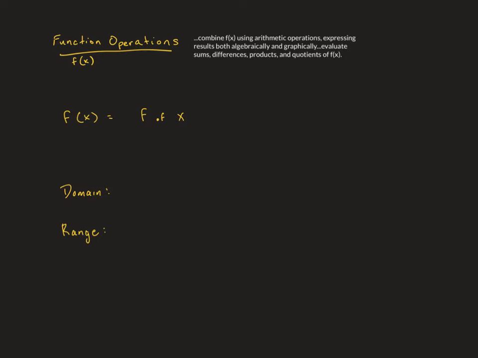We can think of f of x as the same thing as our y value. So when I have a graph, I may have f of x and x, which means whatever x value I put into this function is my y value, my output.